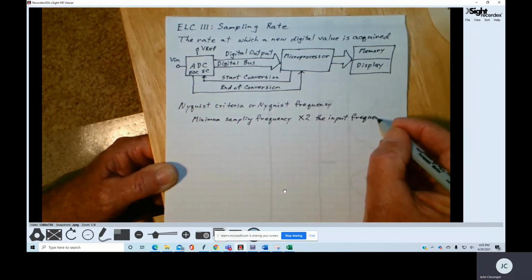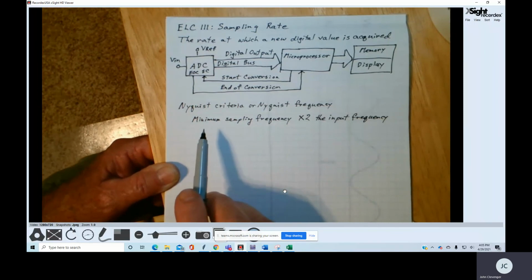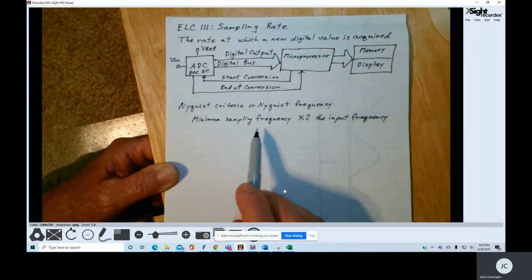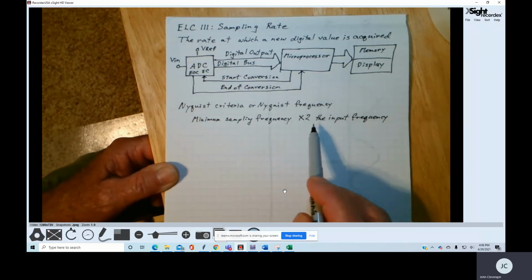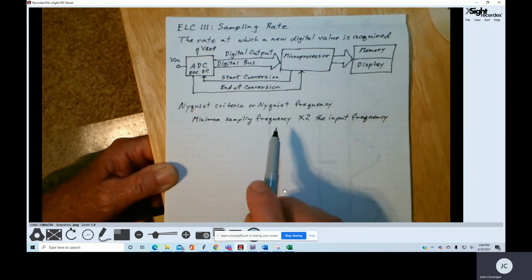So the Nyquist criteria simply states that the minimum sampling frequency has to be 2 times the frequency of the input signal. Therefore, the Nyquist frequency is 2 times the frequency of the input signal.